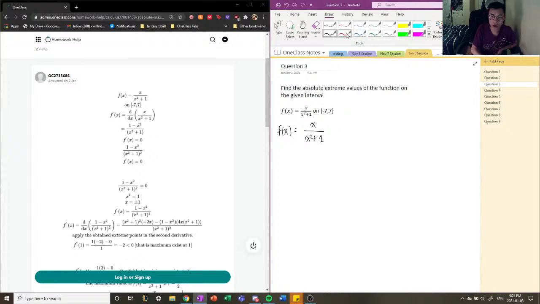If you aren't aware of how to differentiate quotient functions, a function that has a ratio of two different functions, this is how you do it.